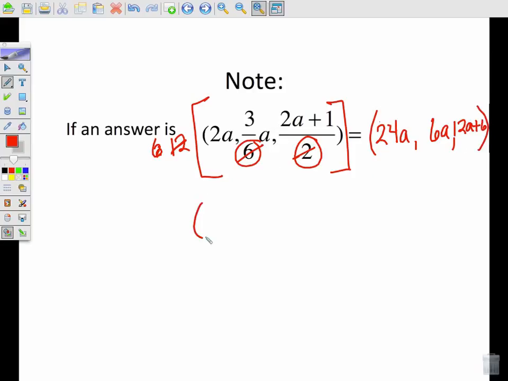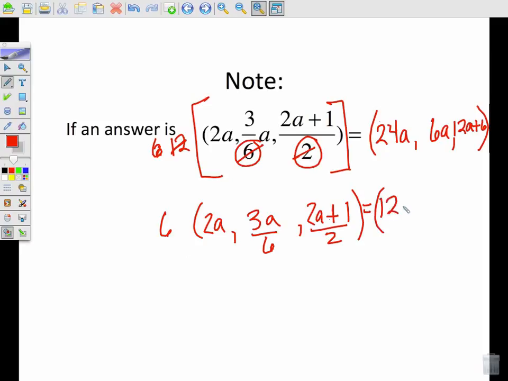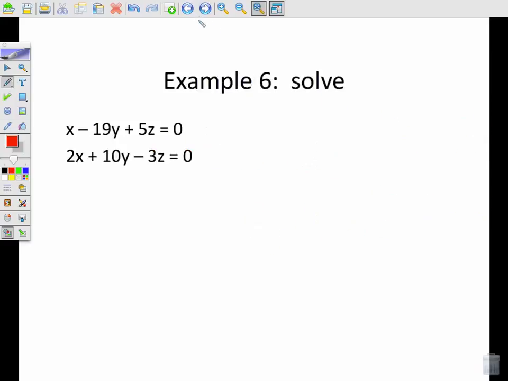I also could have just multiplied by 6. So if I take 2a over 3, a over 6, 2a plus 1 over 2, and I just multiply by 6 to make it smaller, we could have had answers of 12a, 3a, and 6a plus 3. So these are just multiples of each other. All of these are answers to that.